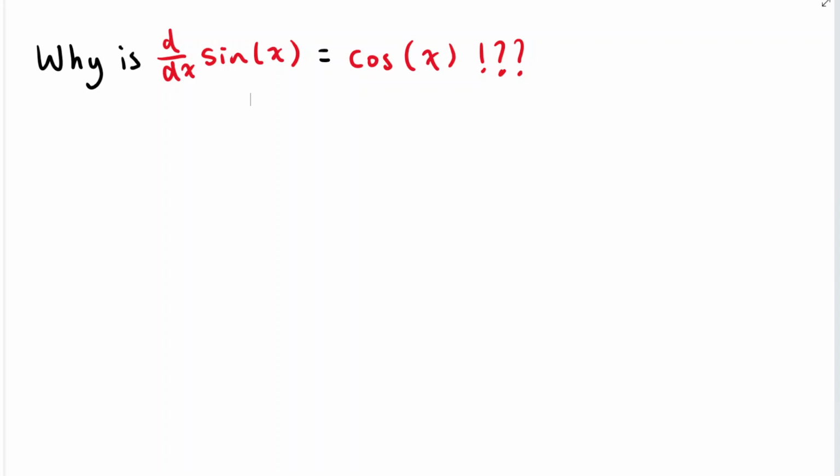Why is it not, say, tangent x? Why is it not x squared minus 1 or whatever? Why is it equal to strictly cosine x? And today I wanted to talk to you about the intuition behind the calculation of this.